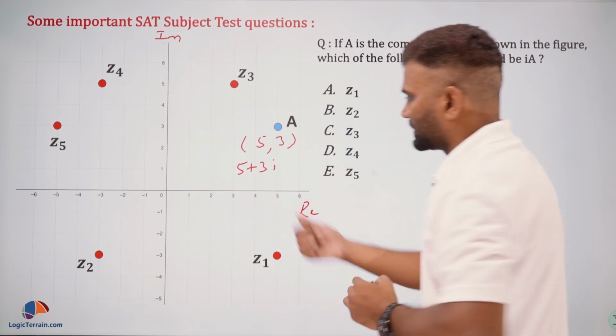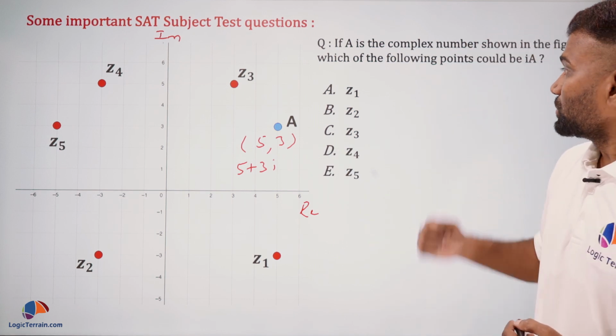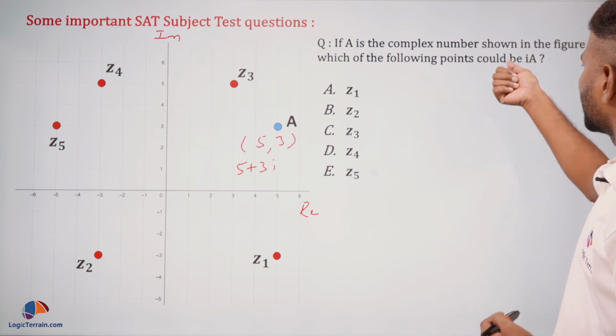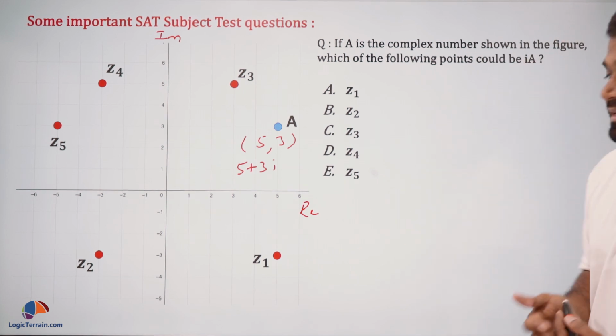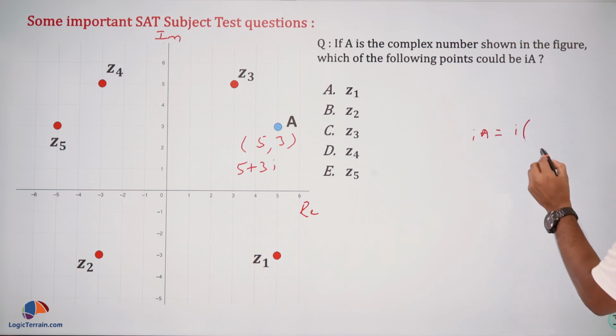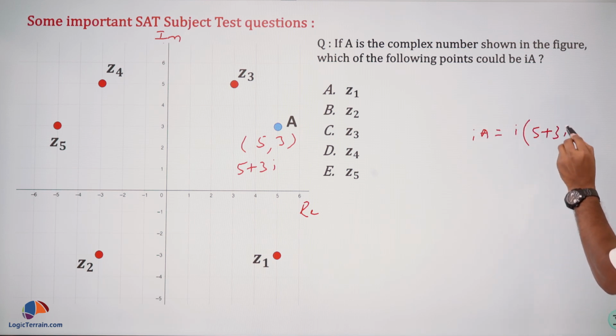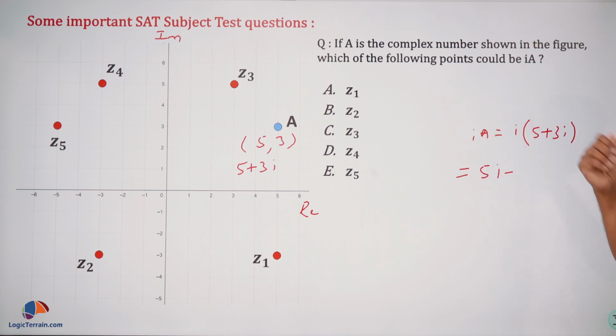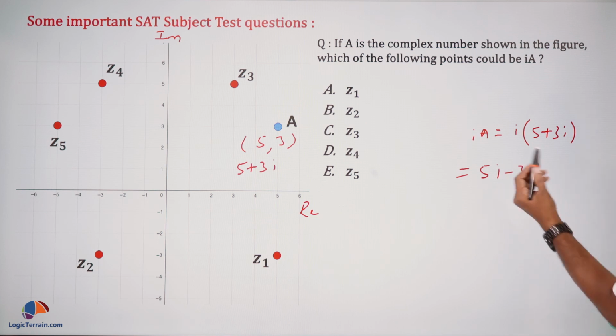Okay, so this is A. Then which of the points in the graph becomes iA? iA means i into 5 plus 3i. This becomes 5i. So i into 3i becomes 3i square. i square is negative 1, negative 1 into 3 is negative 3.